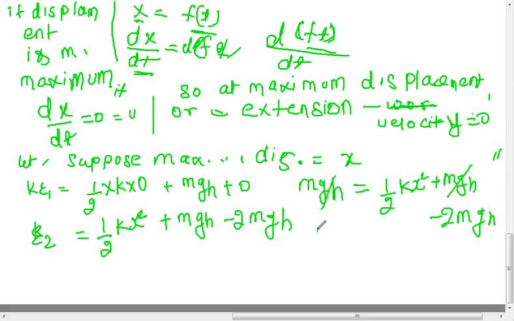What we get here, half k x square is equal to 2 mg x. Okay, this will be x, pardon me.